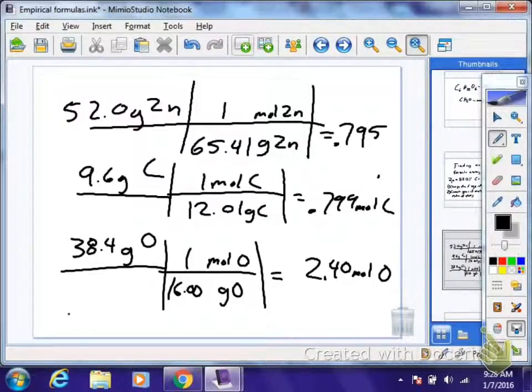So we can find the number of moles. We're going to take each one and divide it by the smallest number of moles that's listed. So 0.795 is the smallest, so we're going to divide it into itself. We're going to divide it into each one, and that'll bring our whole numbers out. Then we can recognize the ratio.